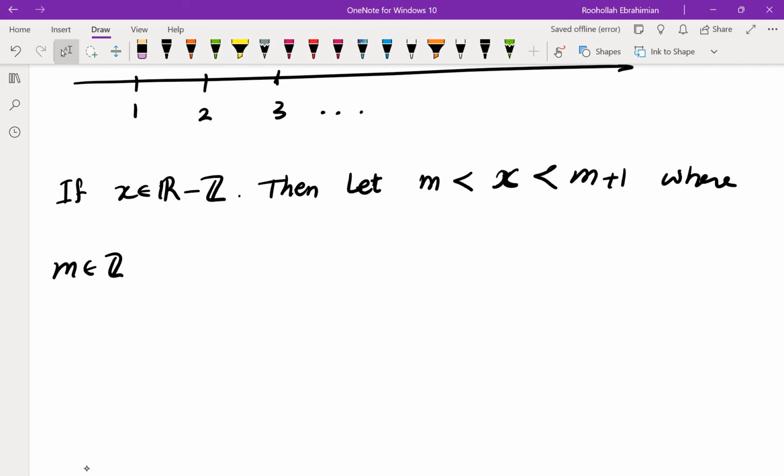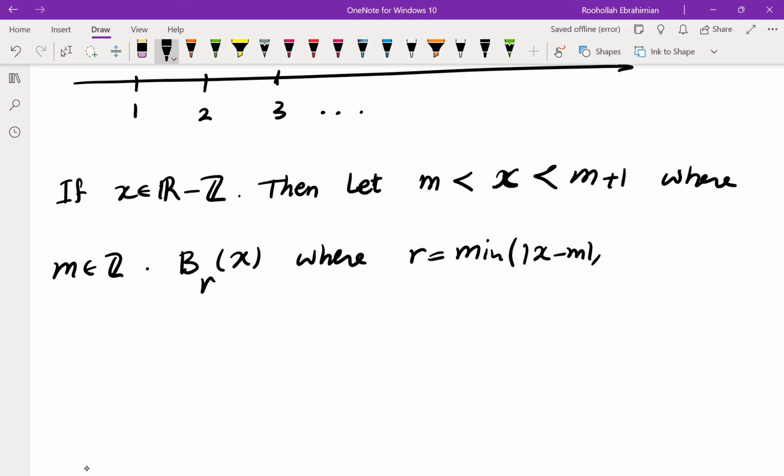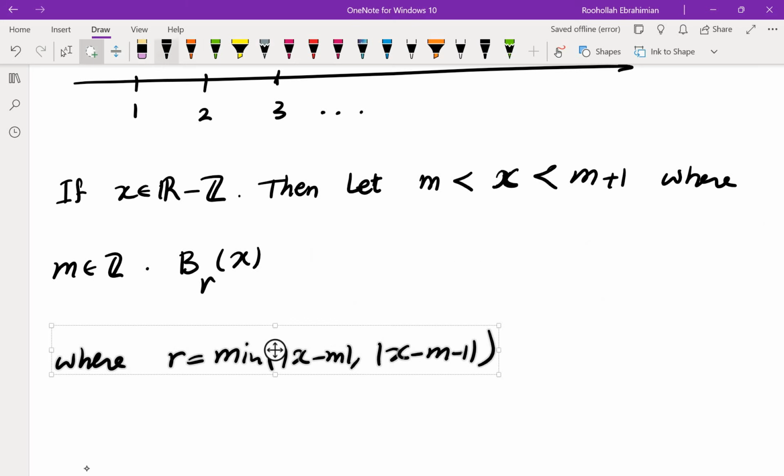Now choose a ball centered at x of radius r, where r is the minimum of the distance between x and m, and the distance between x and m plus 1. If you do that, then this ball does not intersect with the integers. So this intersection with Z is empty, where you choose the radius to be that.